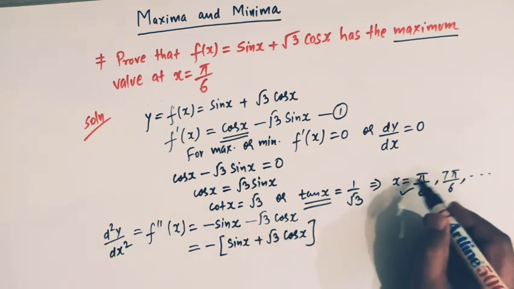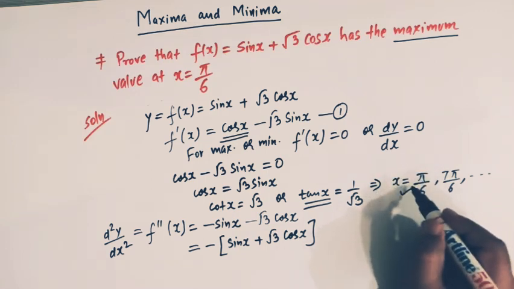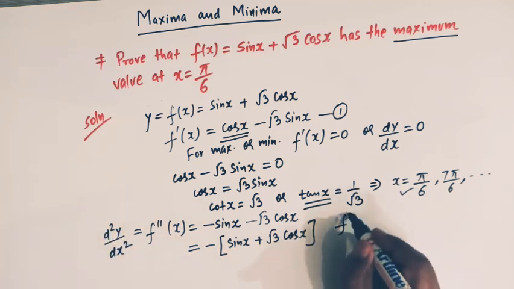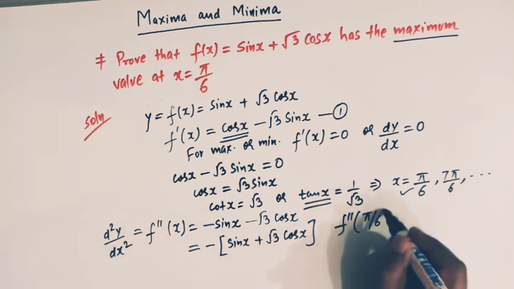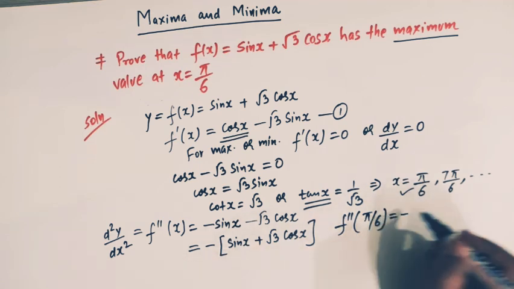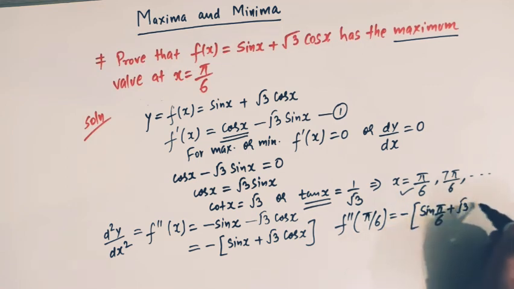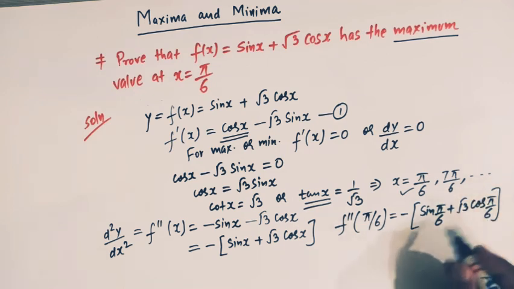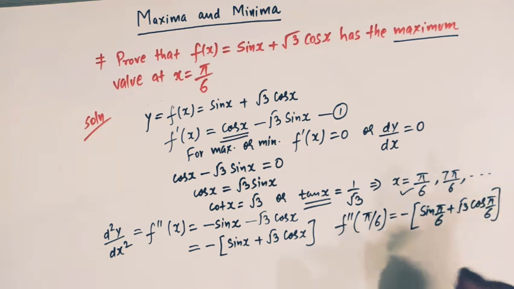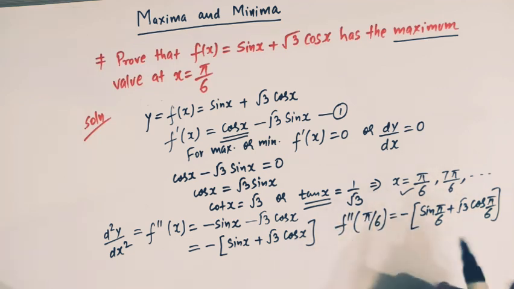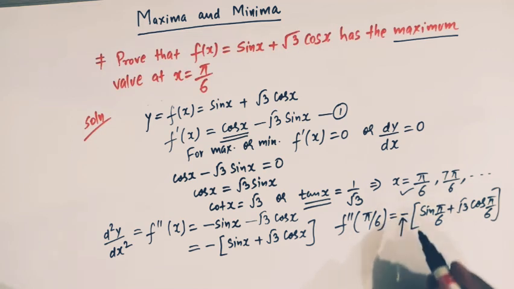Now if we substitute the value of x equal to pi by 6 here, then we see that f double prime of pi by 6 is equal to minus sine pi by 6 plus root 3 cos pi by 6, right? Now here we are not going to solve this expression because we are interested only in the sign of the second derivative, and the sign of second derivative comes out to be negative, right?